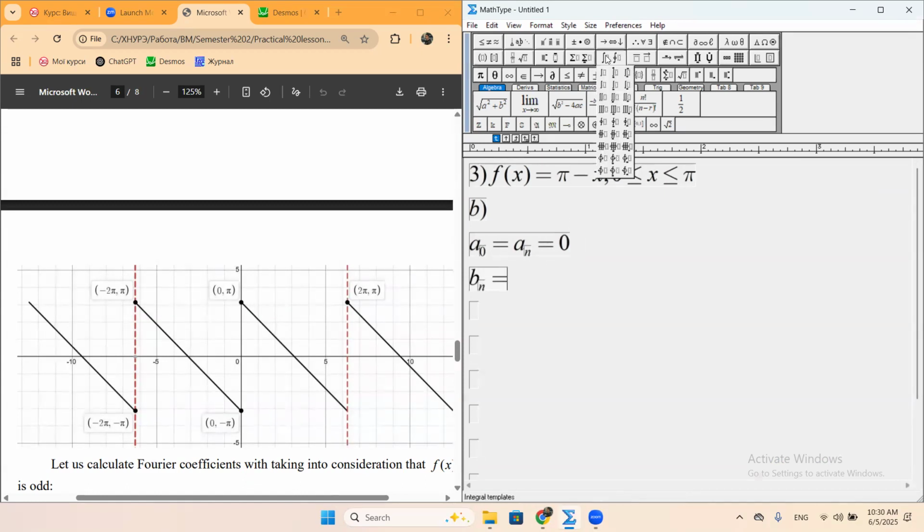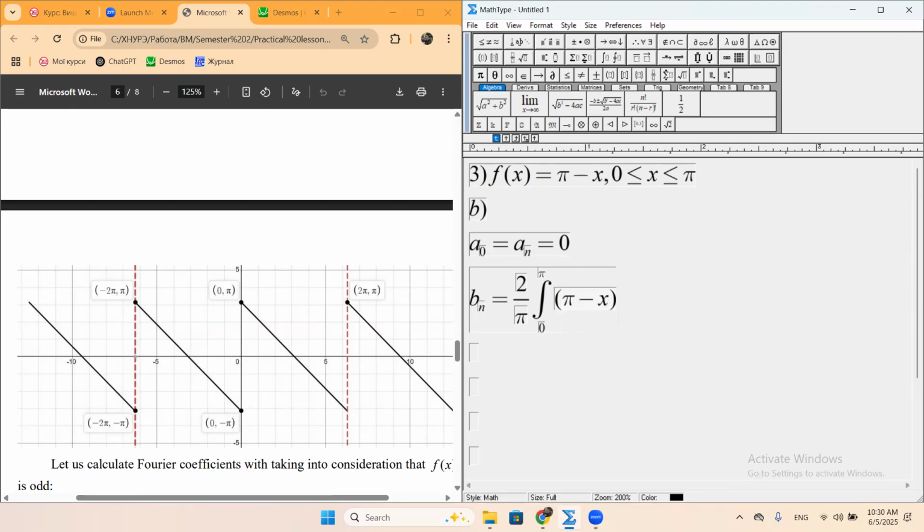So we will have the following integral: 2 over p, from 0 to p, integral of (p minus x) multiplied by sine of nx dx.